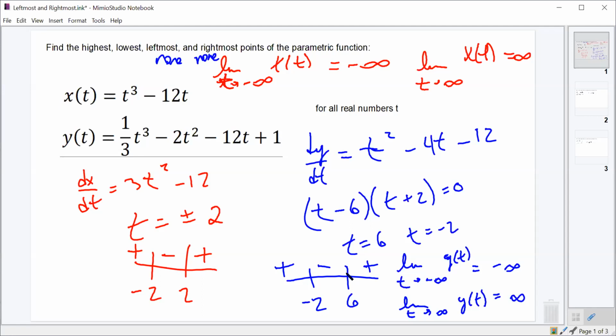So let's take a look at the graph of this. Let's try this again. There we go.